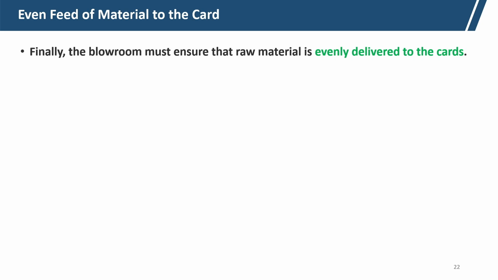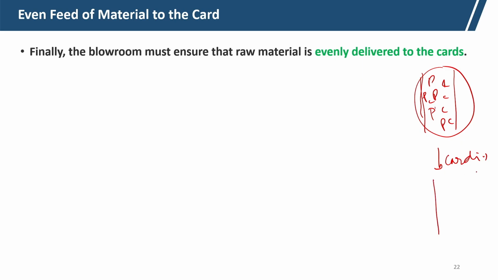So, we should not deliver the material in an uneven way. Suppose it is polyester, cotton, polyester, cotton, polyester, cotton, so fibers must be evenly blended before going to the carding machine.